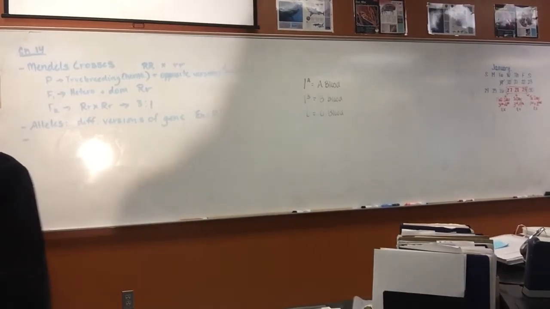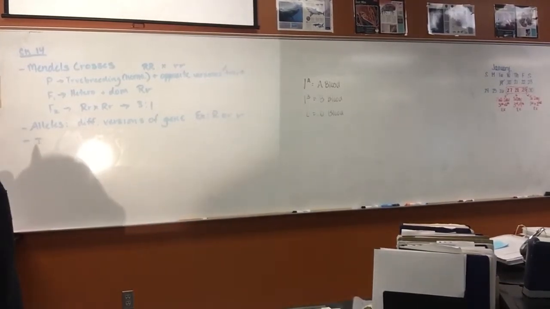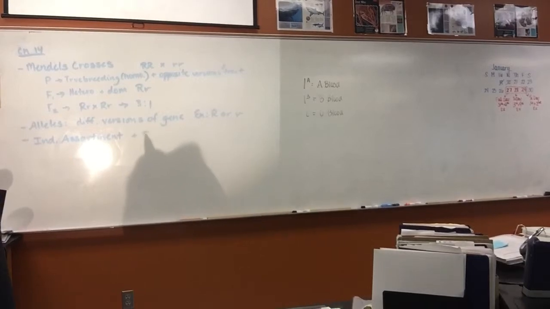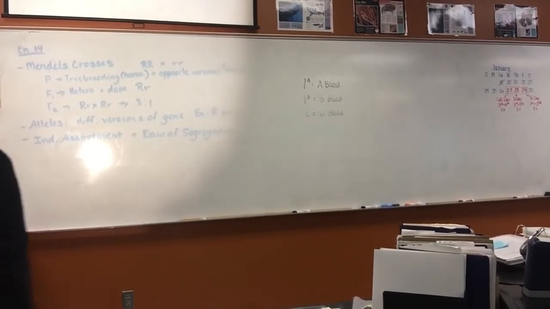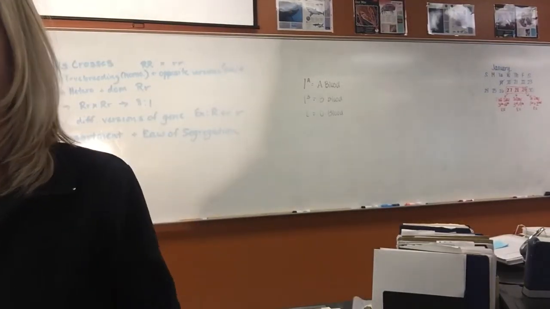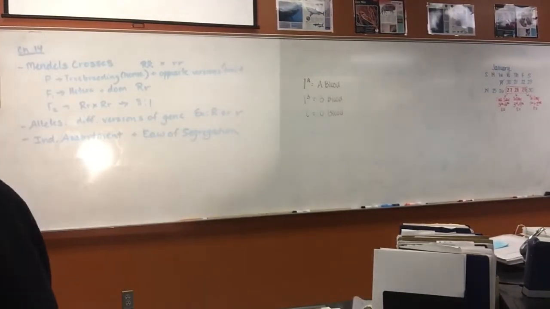The laws of, we already talked about independent assortment, but I'll just write it again because it addresses it again in this chapter. And the law of segregation. That means segregation, we've already kind of also talked about it, just didn't coin the term there. That means that when the homologous pairs segregate or separate into different cells, and so therefore you only give one chromosome of each kind to your kids via your egg and your sperm cells.